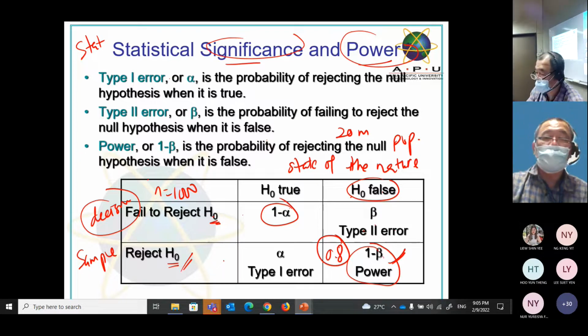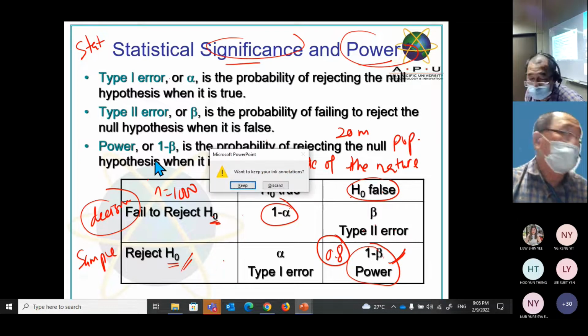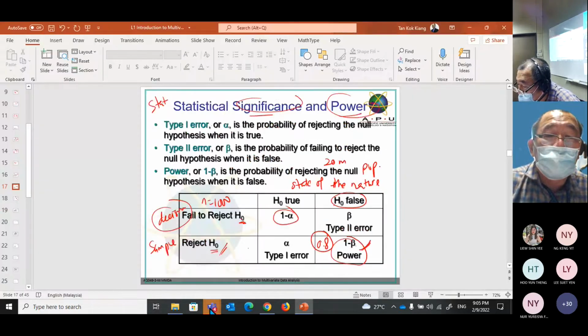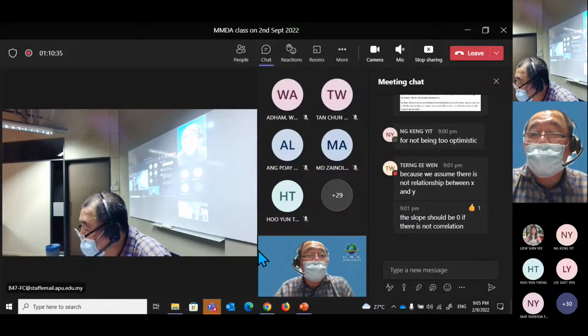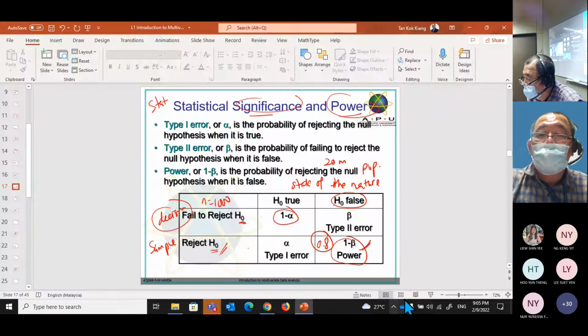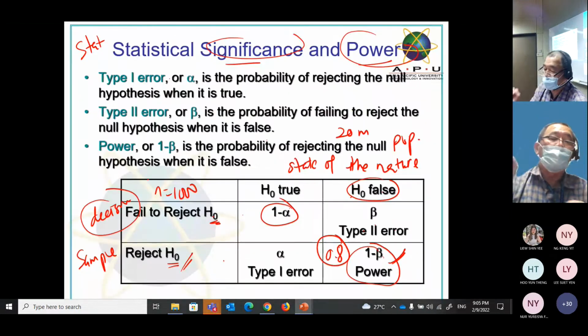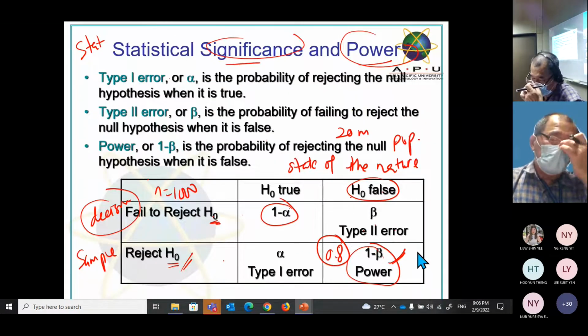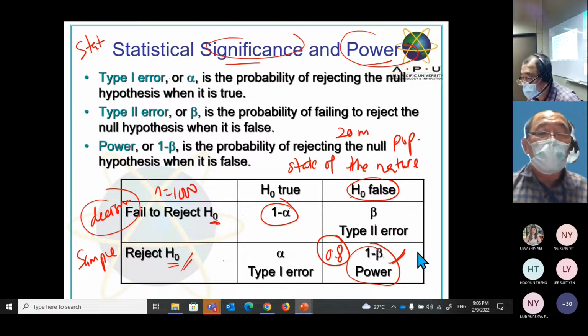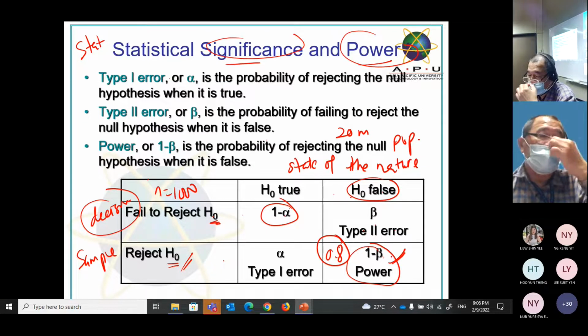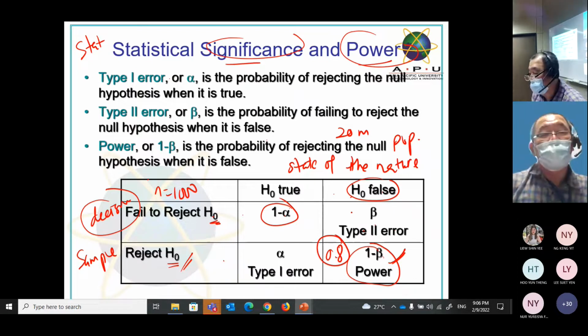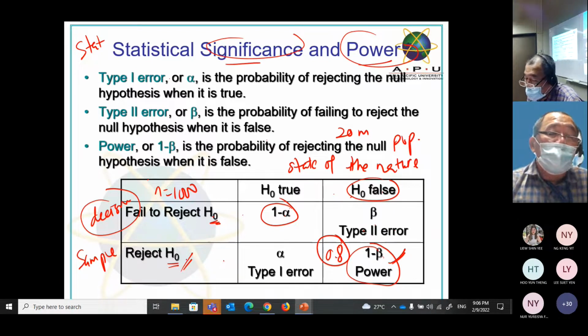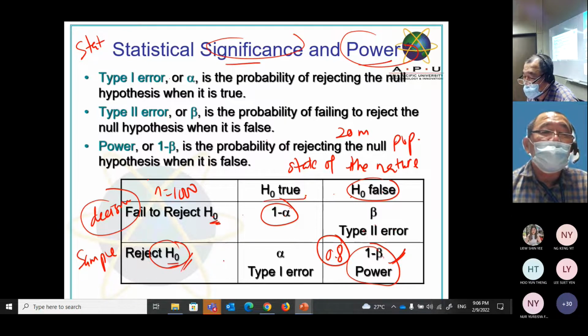If no, now we see next. So just now the 1 minus alpha and 1 minus beta are all considered good, but sometimes the outcome may not be good. For example, we rejected the null hypothesis, but the null is true.